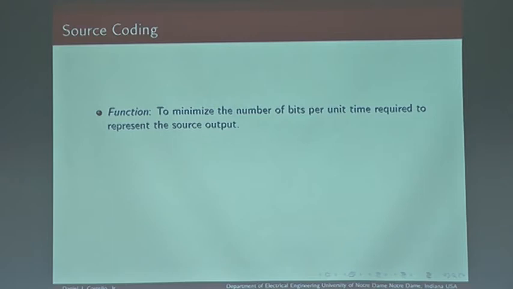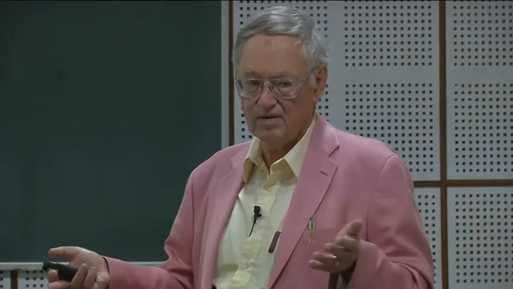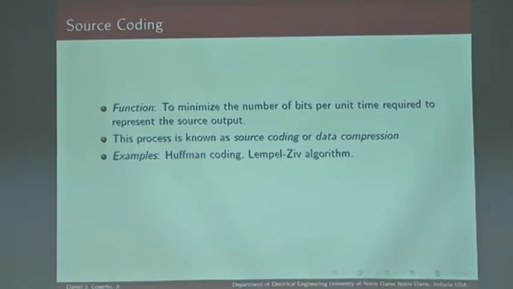So you don't want to send all kinds of extra bits which are not necessary because, for example, in a shared communication system, that would mean that other users aren't able to use the channel if you're wasting resources. So this whole process is known as source coding or data compression.